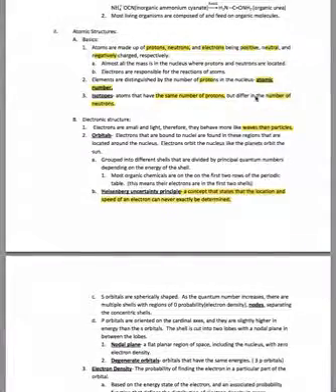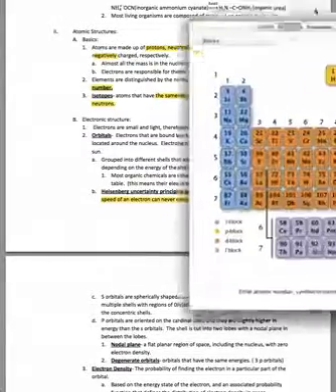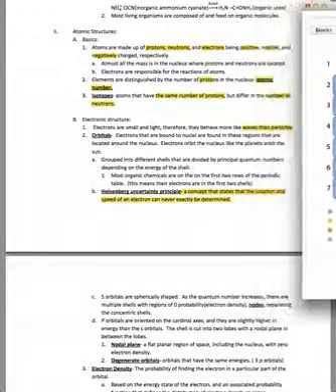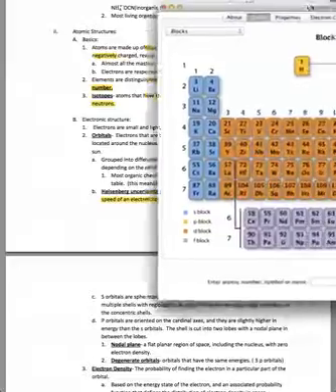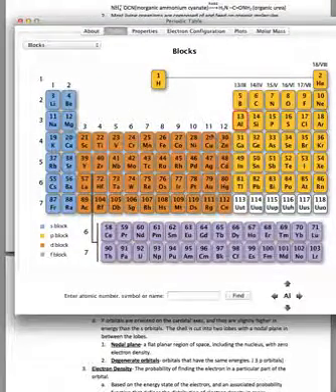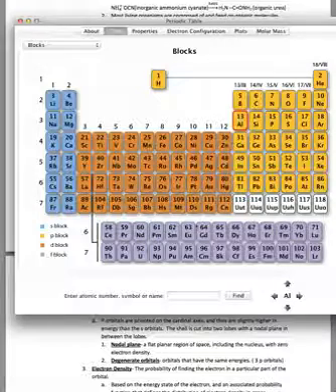Okay? So the s orbitals are going to be these first two columns right there. And basically, we have the p orbitals here, we have the d orbitals, okay, f.